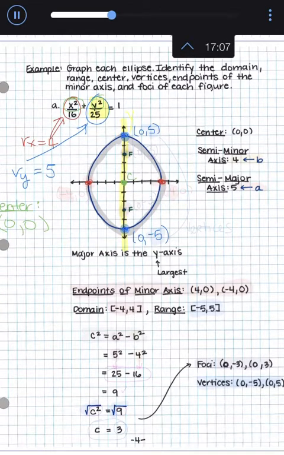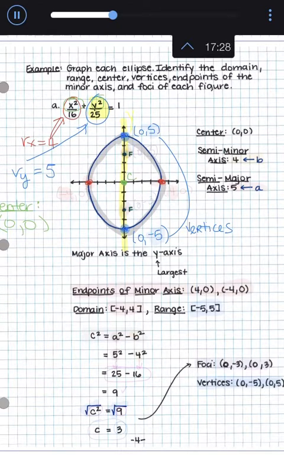Well, those endpoints of your major axis, the 0, 5 and 0, -5, remember those are called your vertices. So if they ever ask you for your vertices, that's what they are.